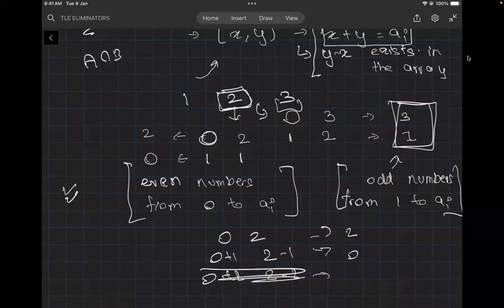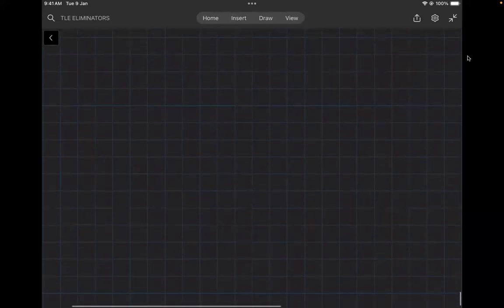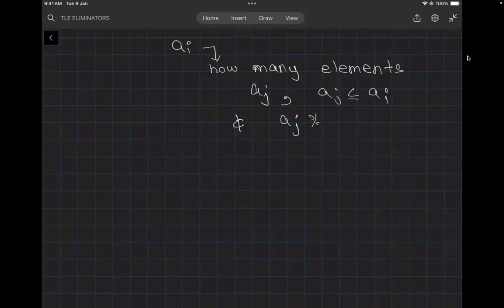Now, since it takes all odd numbers from 3, 1, and so on, what do I need to know? If I am at ai, I just need to know how many elements aj are there such that aj is smaller than or equal to ai and aj modulo 2 is equal to ai modulo 2.